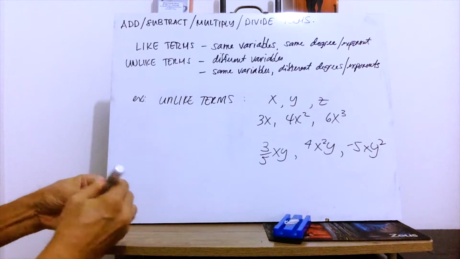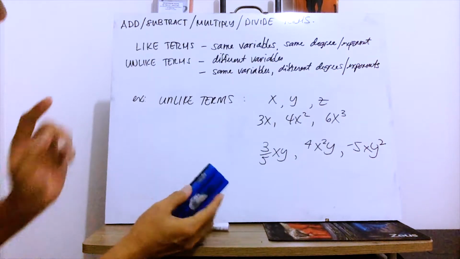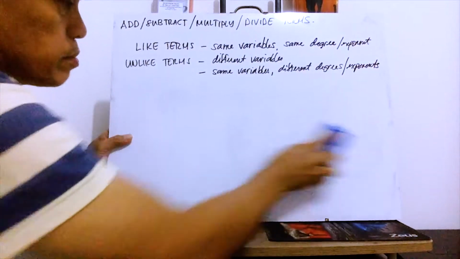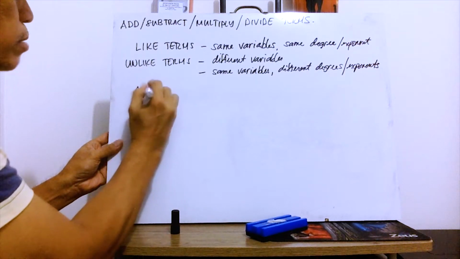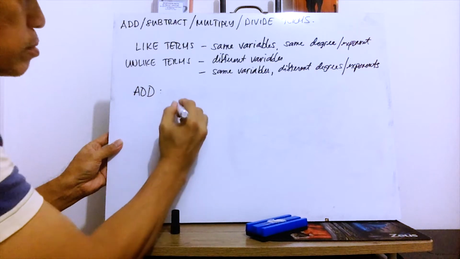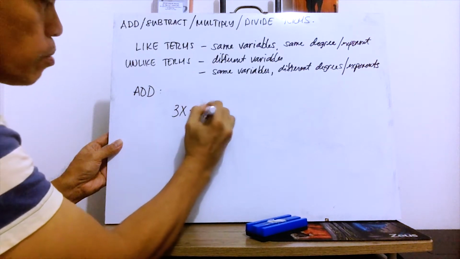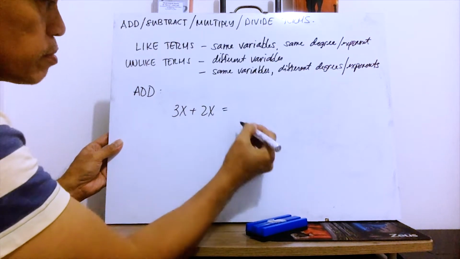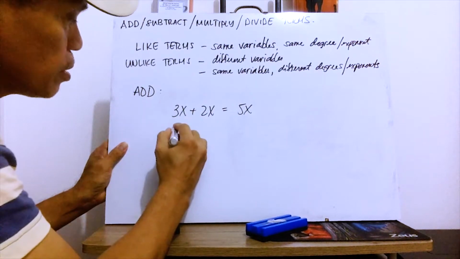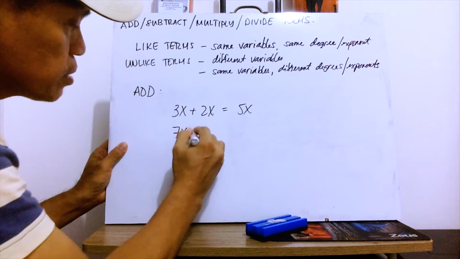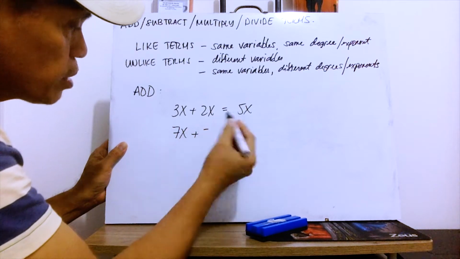Alright? Here we go. Let's start adding. 3x plus 2x is 5x. Right? 7x plus negative 6x.